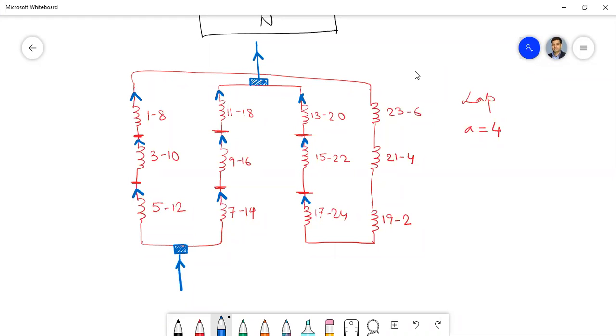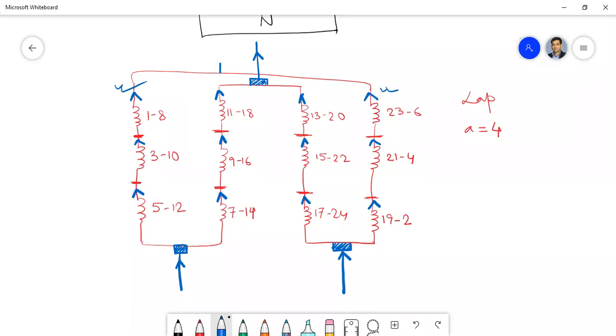And if we check the next one, the fourth parallel path, that will also have the same current direction. Again another problem will arise here, the same current direction. These two paths will have the same direction.